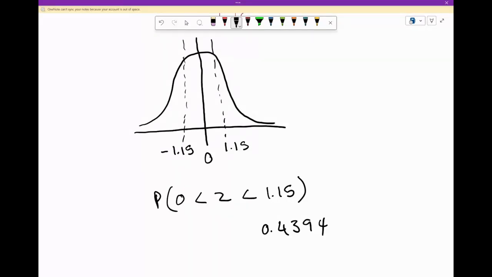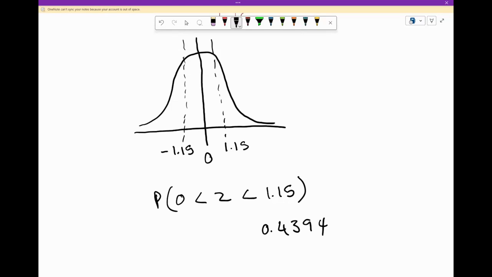It starts with 0 point and then you come down. Here's your 1.1, because you're looking for 1.15. Then you look for 5. Now tell me if you're getting the same thing. Is it 0.0596? 0.3749.